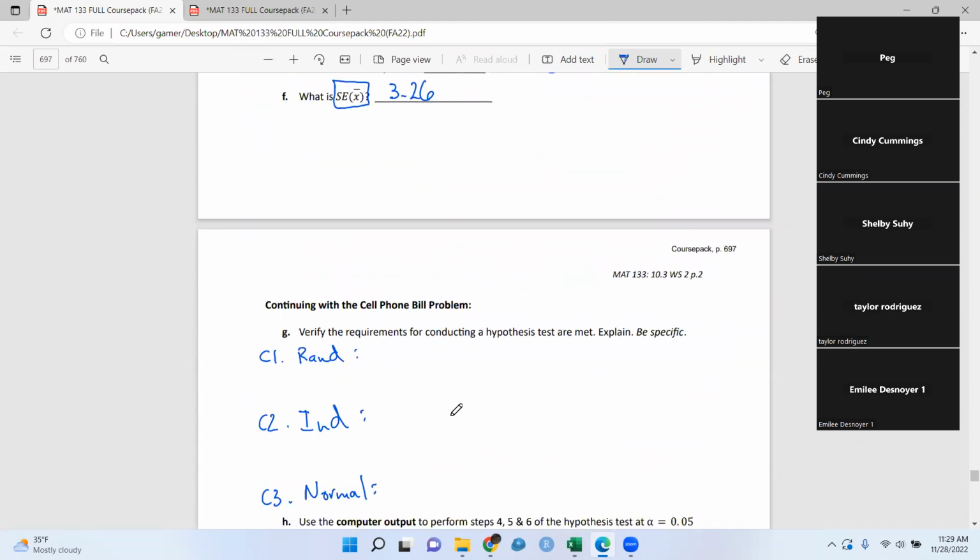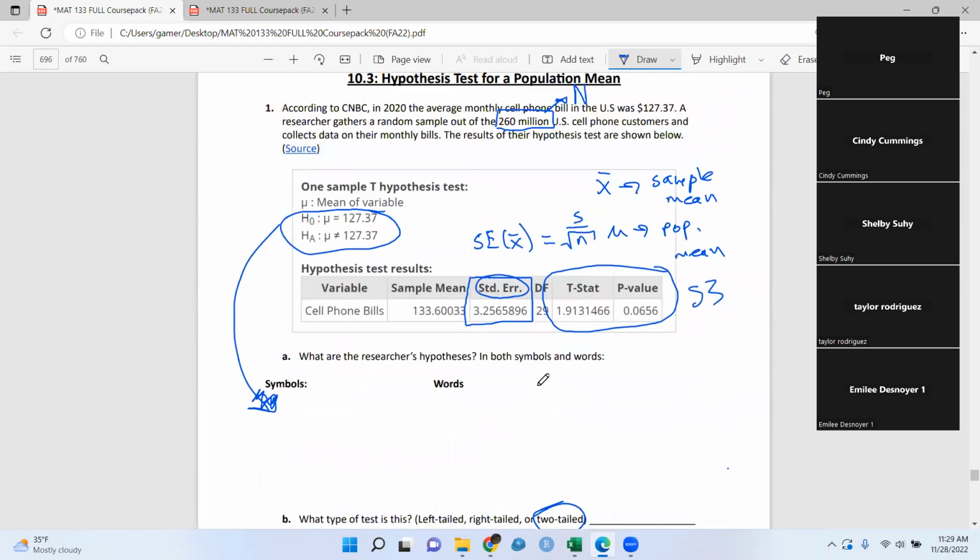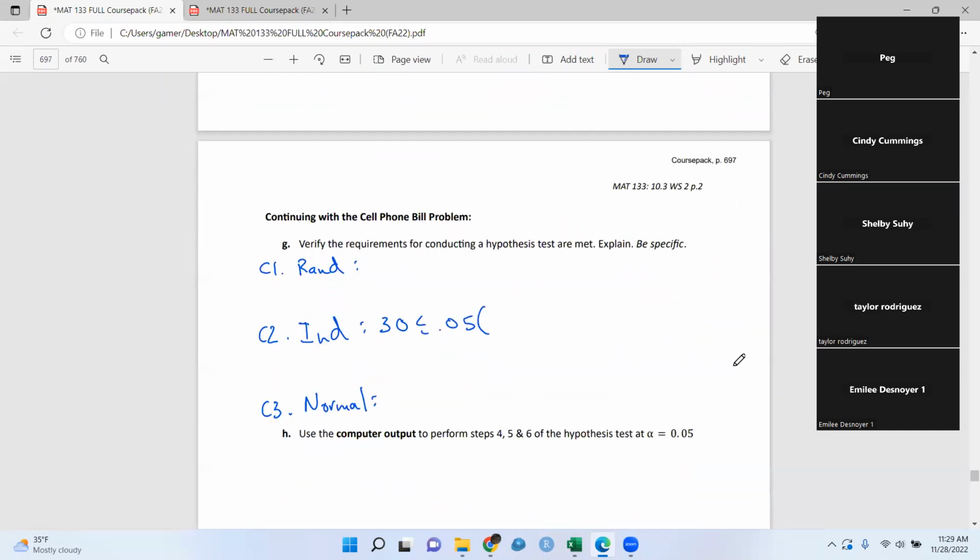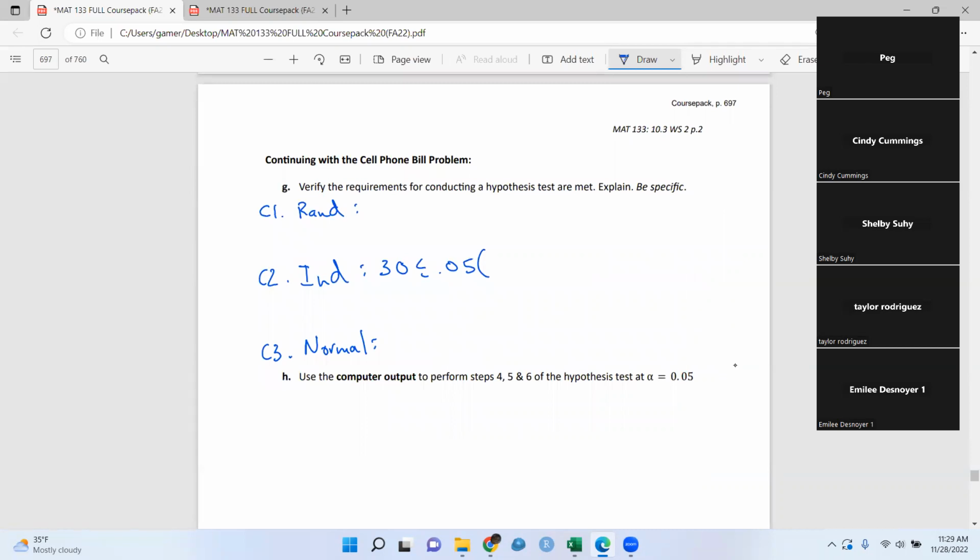So one of the things with the independence condition, remember, you got to show that the sample size is less than or equal to 5% of the population. You don't actually need to do this calculation. You just need to write down the stuff. Like, this is 260 million. That's good enough, right? You don't need to calculate 5% of 260 million.